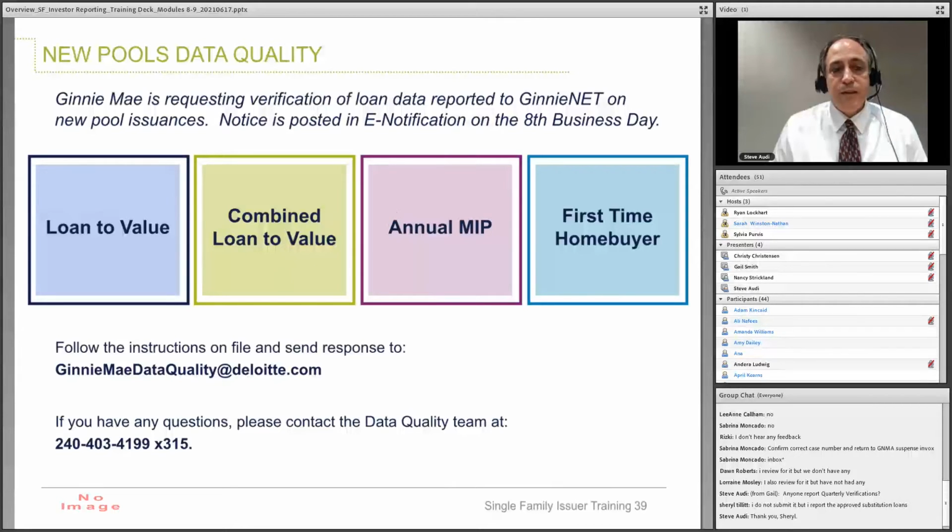What we see on some of these fields are changes from time of pooling to the monthly reporting on the V record. Sometimes there's a recalculation of a loan to value or a combined loan to value.